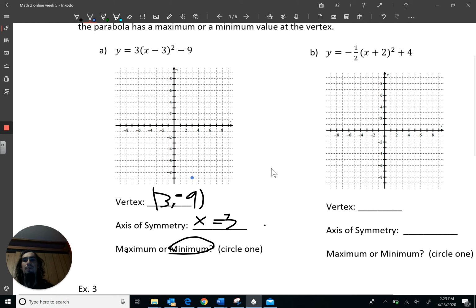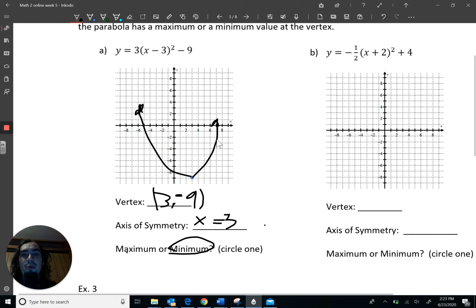There we go. And I know that this is a minimum, so I know it's going to go up like this. For right now, I am not going to be looking for a tremendous amount of detail. I really just want to see you graph it upward. Honestly, this picture looks pretty terrible. It's not even symmetric.